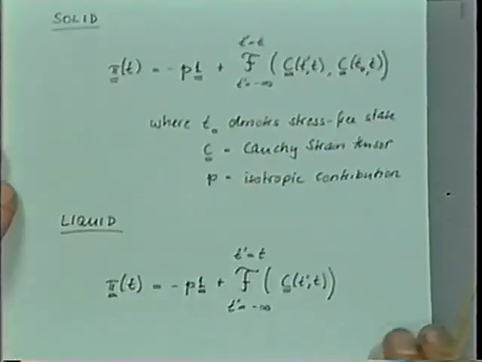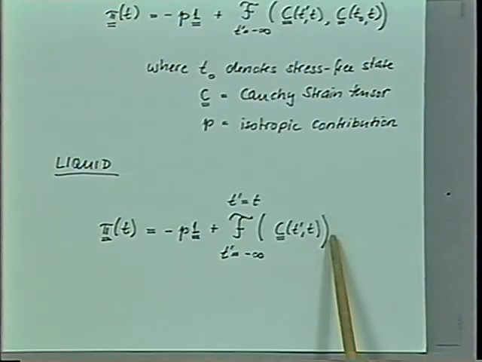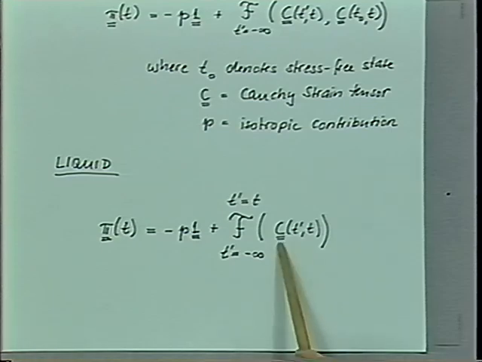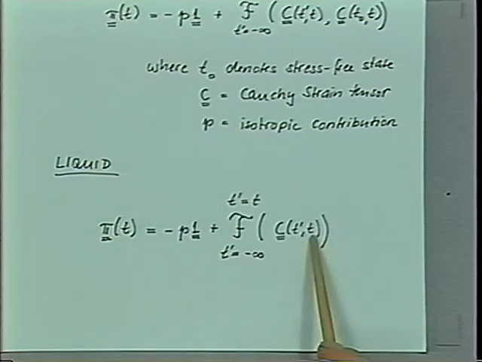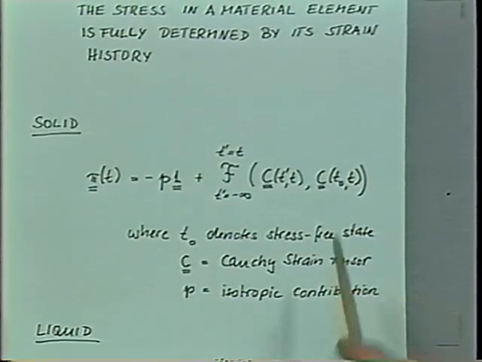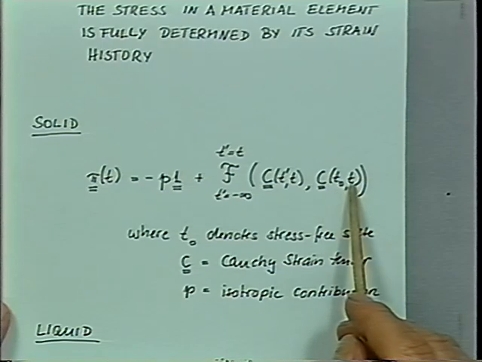If you formulate a constitutive equation for a liquid, then you don't have a reference shape where the material is stress-free, and you can only use the current shape as reference for defining strain tensors. That's why the strain tensor is always defined between t and t prime, while in the solid case, the strain tensor is defined between t0 and t.